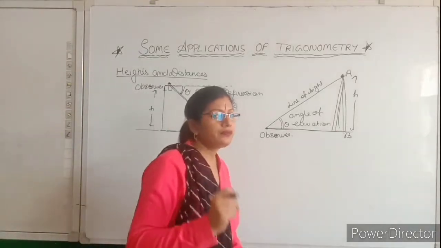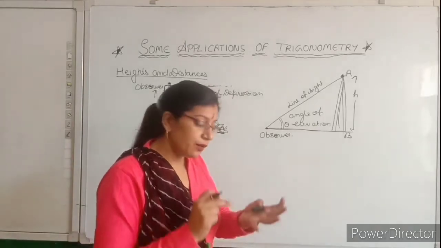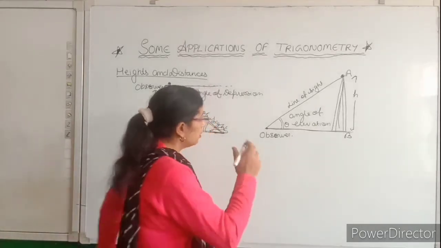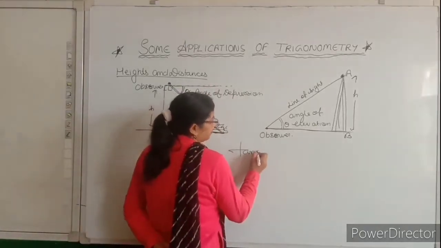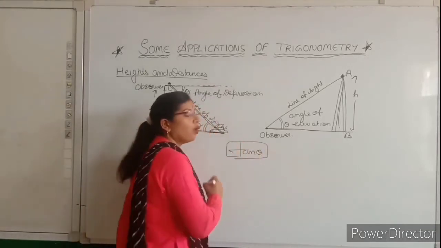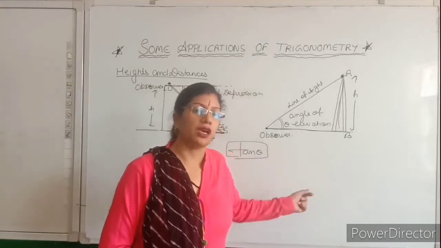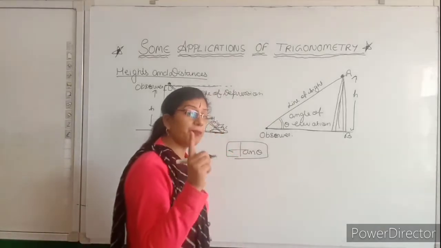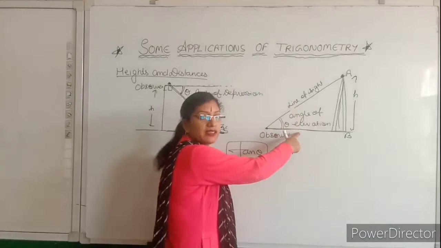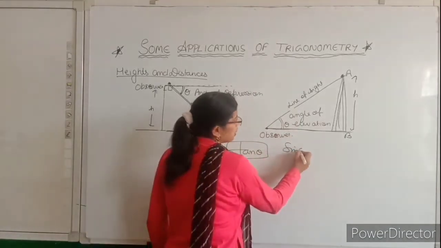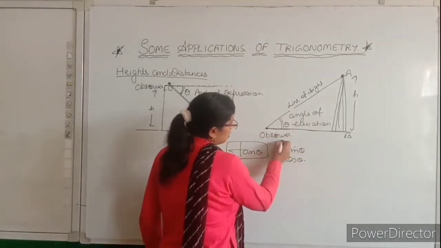Second thing, in this trigonometry, most commonly used formula, tan theta. All the questions can be done by only one formula, we use tan theta. And sometimes when the perpendicular and only base is given to us, so there we can use sin theta and cos theta.